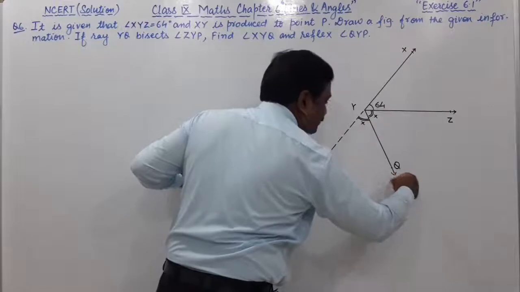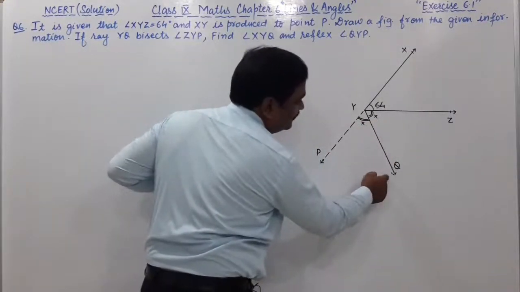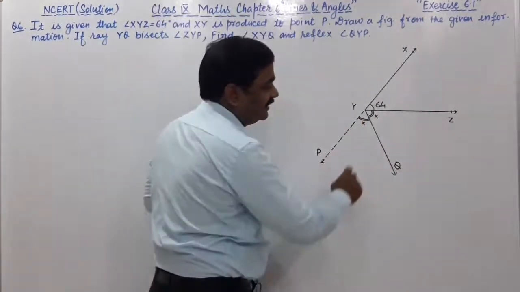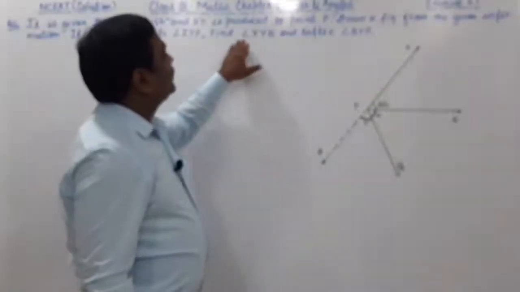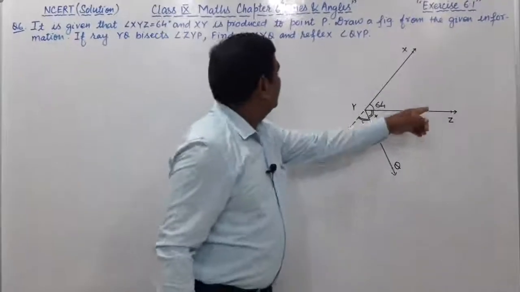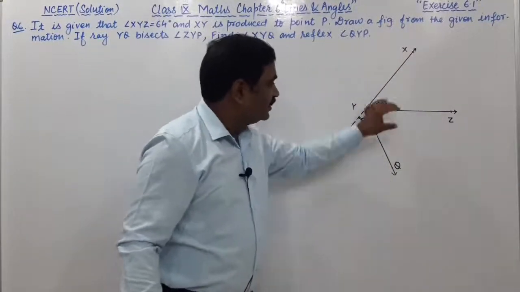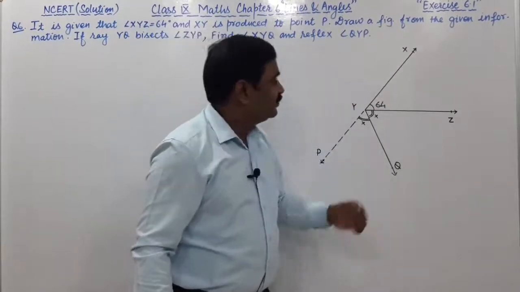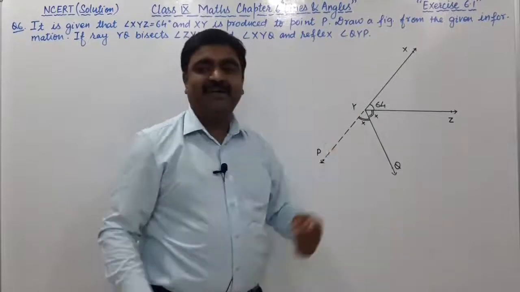This ray YQ bisects angle ZYP means this YQ इस एंगल को दो इक्वल पार्ट में डिवाइड कर रहा है. Then find XYZ, XYQ. This angle we have to find out. Afterward, reflex angle QYP. QYP इसका reflex angle find करना है.